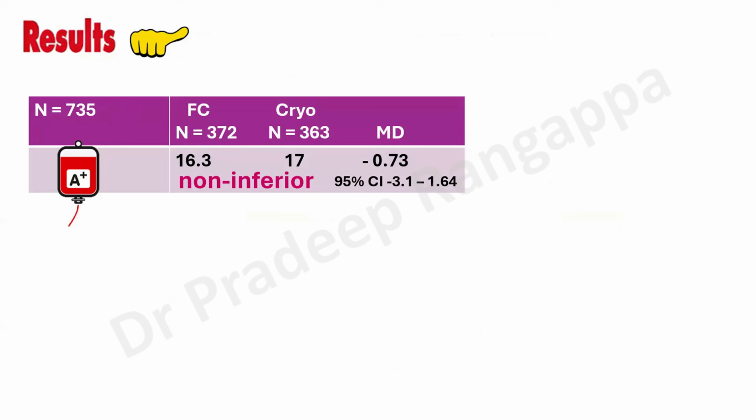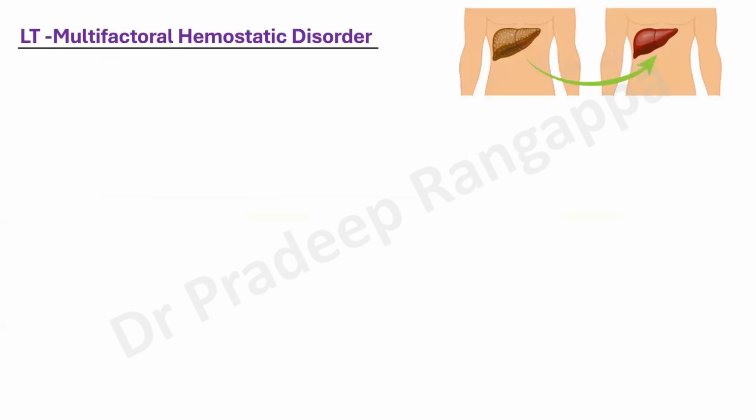So basically this was a non-inferiority study. It said that instead of cryo, in post-cardiac surgery patients who have low fibrinogen and increased bleeding, you can use fibrinogen concentrate as opposed to cryoprecipitate, and both had the same effect. So this can also be considered a reasonably convincing study telling us that you can utilize fibrinogen concentrate.